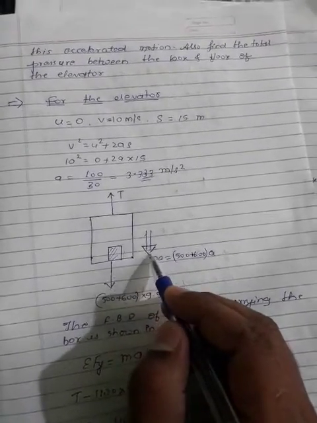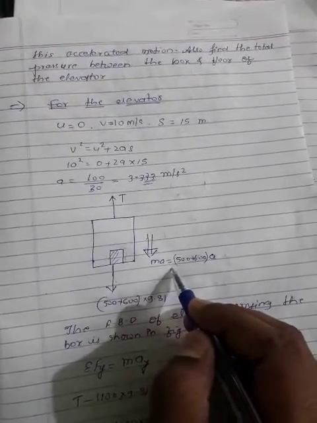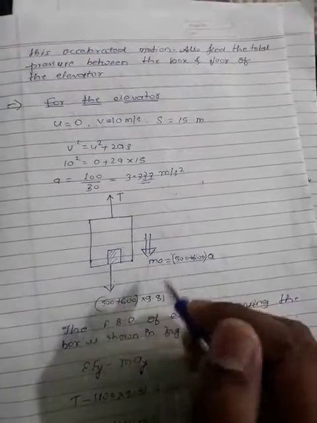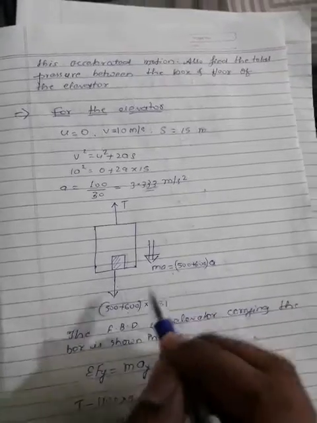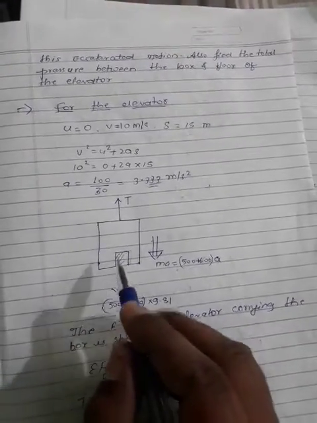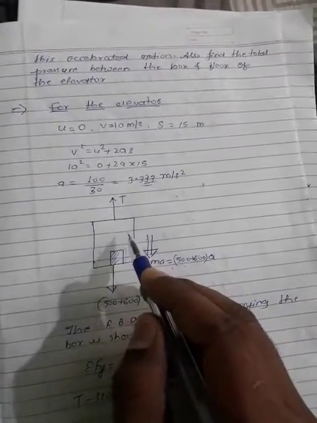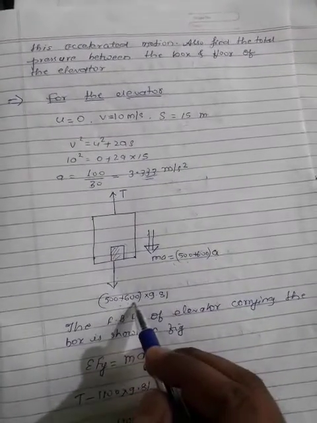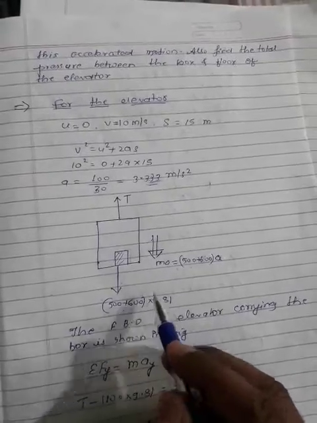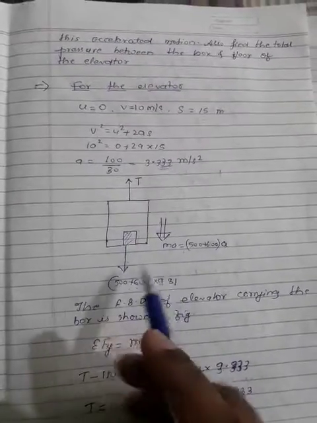The motion takes place in the downward direction as it is being lowered. So the inertia term is 500 plus 600 into a. Now the weight of the total with box is 500 plus 600 into 9.81. Now I have drawn the free body diagram.